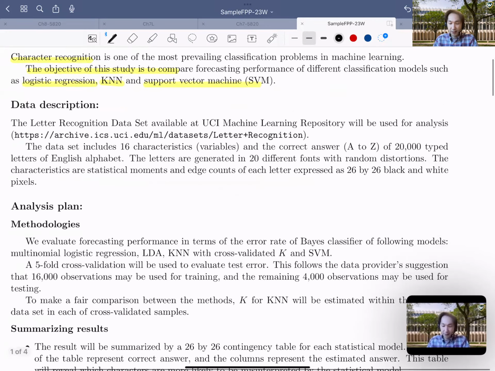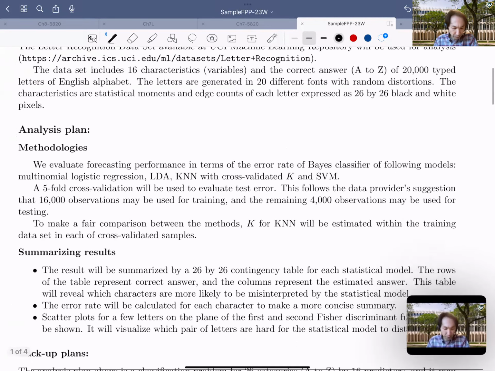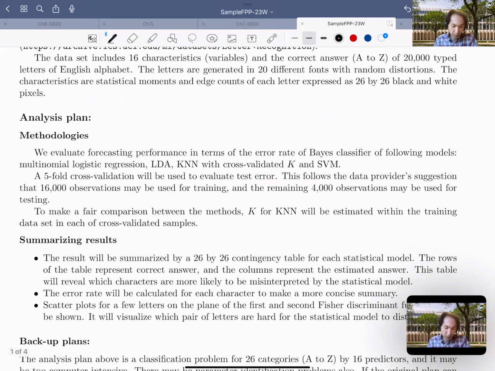So just 16 summarized pieces of information, and based on that information we can do prediction.